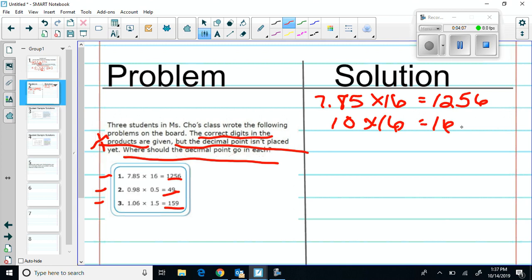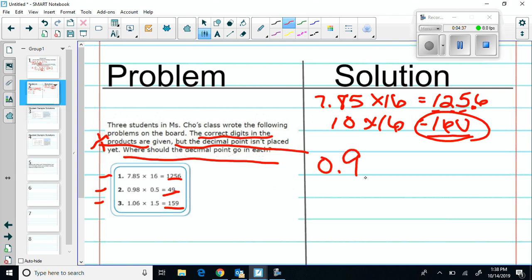That would get 160. So we know our answer is going to be less than 160. So I have 125 and 6. You could have also done 8 times 16 and that still would have helped you out in the same way with number sense. I just picked one that's easy to multiply.